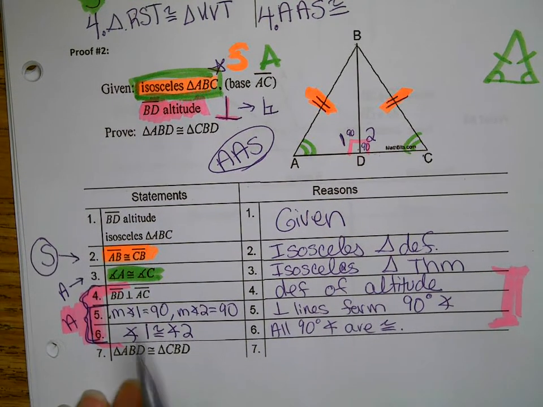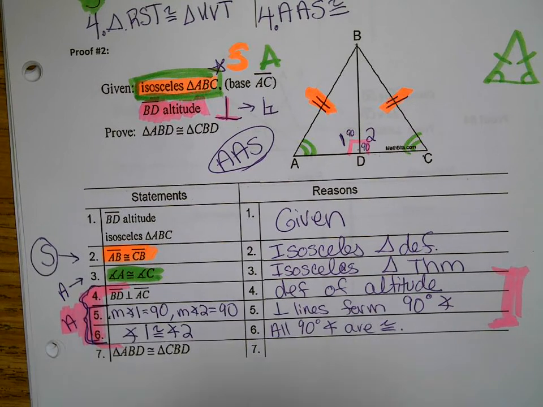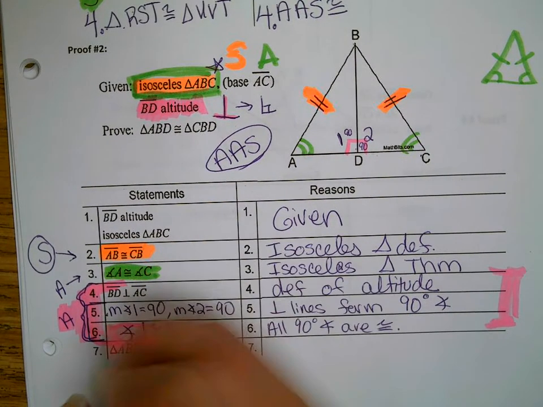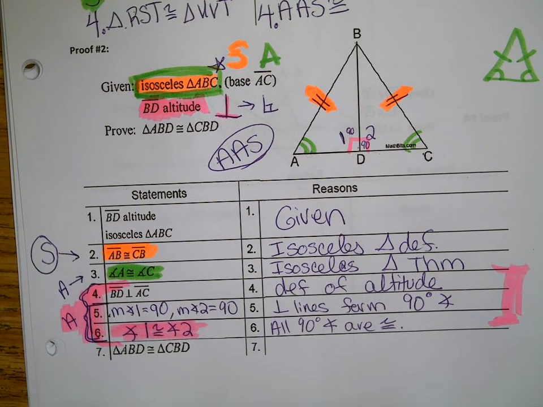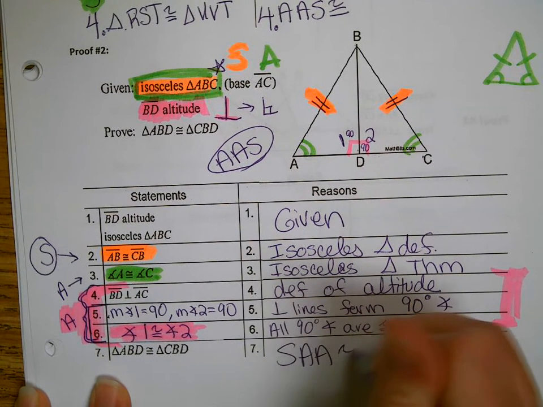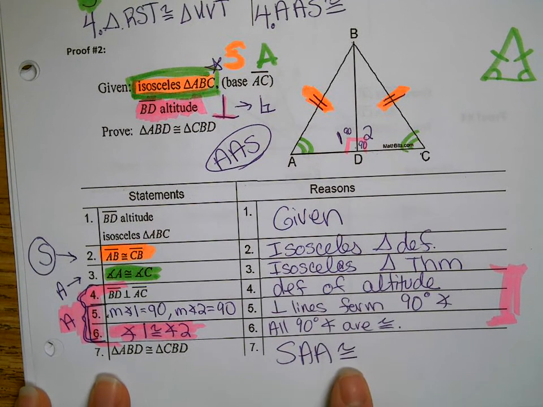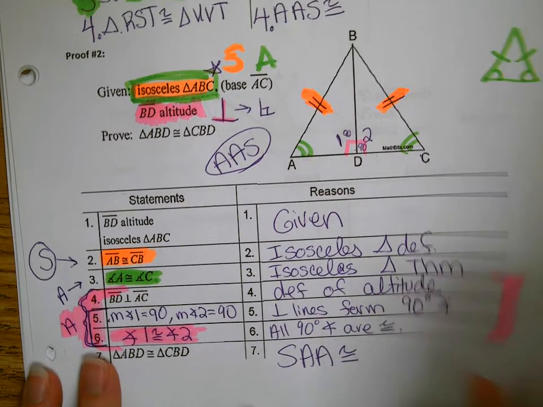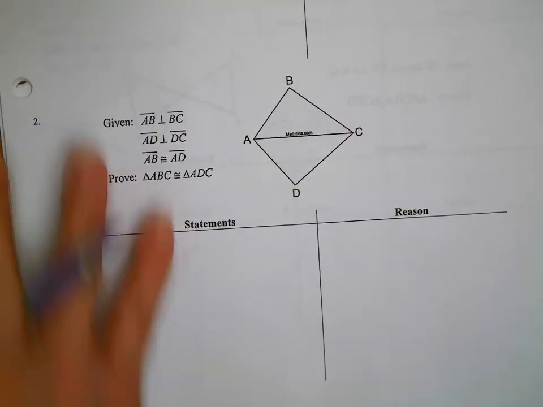Now that we have a set of sides, a set of angles, and a set of angles, these two triangles are congruent by side angle angle congruence, which is the same as angle angle side. It's just reversed order.